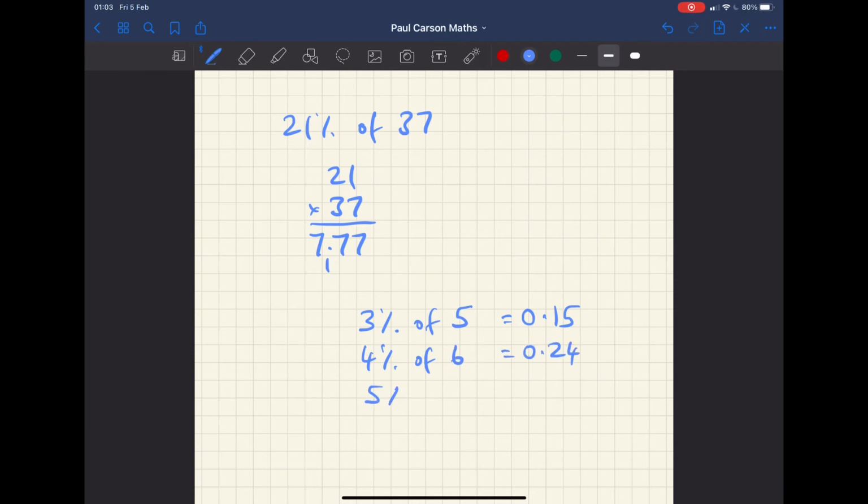5% of 7, pause it this time, do it yourself. 5 7s are 35, divide by 100, 0.35. 6% of 8, 48, divide by 100. 7% of 9, 63, divide by 100. So you get the idea. You see how quick that all was.